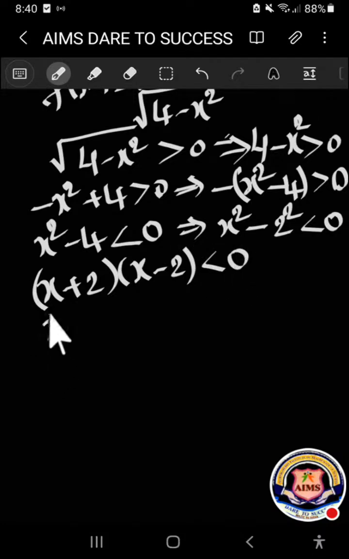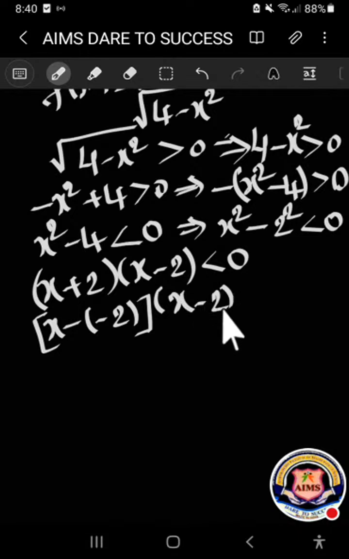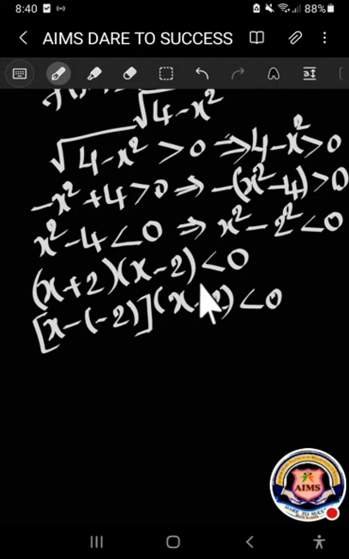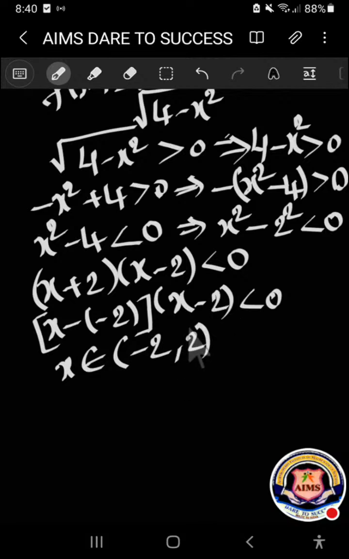So x plus 2 written as x minus of minus 2 into x minus 2 is less than 0. This looks like x minus alpha into x minus beta is less than 0. So if you want to write the domain, x belongs to open interval small number minus 2 comma big number 2.